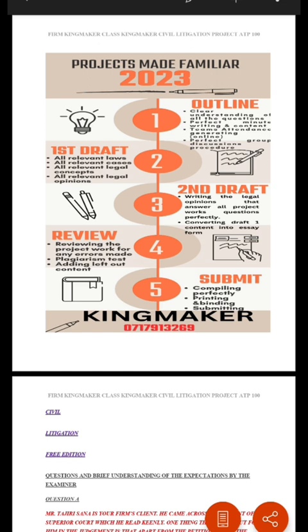Just adding meat to the project work. You can go through a project work and realize these people are doing very shoddy work, or if they did it well, they didn't happen to include some cases. Then finally, compiling, binding, and submitting. So in terms of project work, these are the 5 things I do per unit.